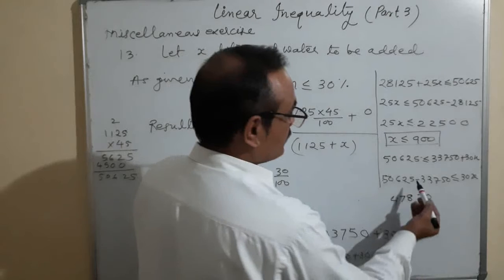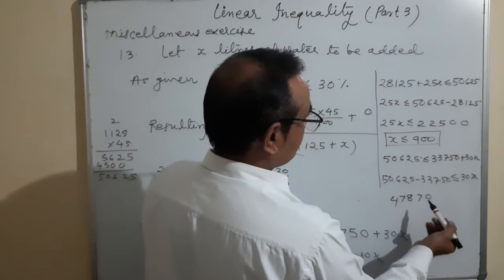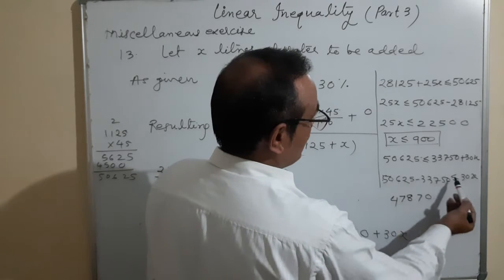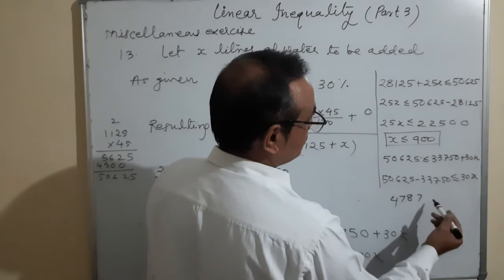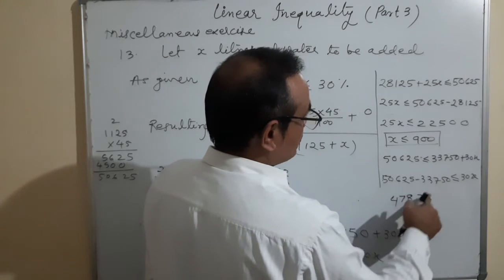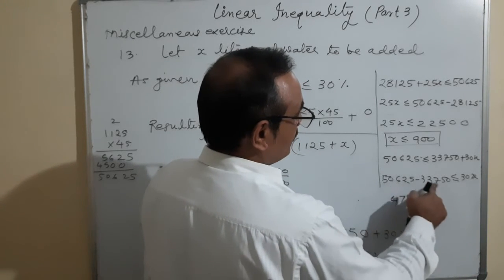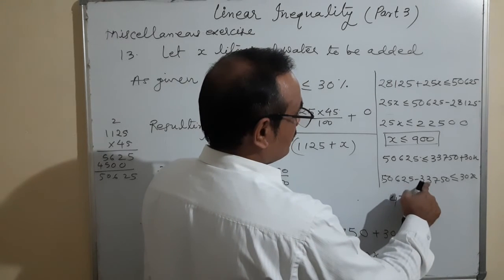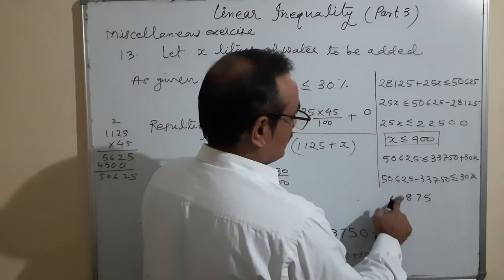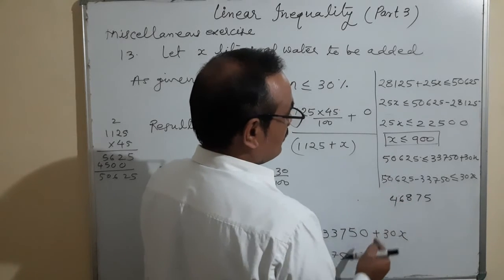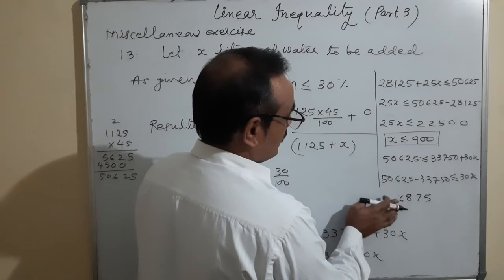Okay, once again, let us see. 5 minus 0, it is 5. 12 minus 5, 7, 15 minus 7, it is 8, 9 minus 3, it is 6, and 4 minus 3, it is 1.